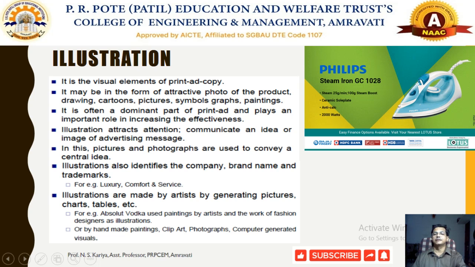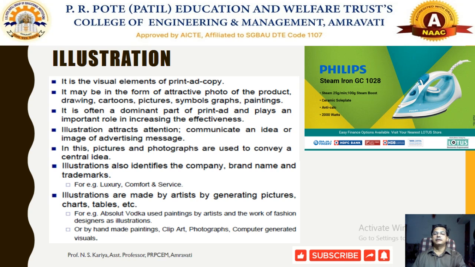So here is the advertisement of Philips Steamer GC. The product visuals have been made available through this advertisement. So you came to know how different forms of illustrations are used in an advertisement.